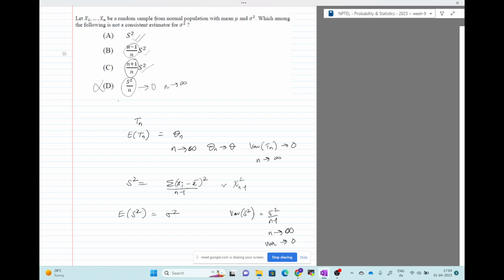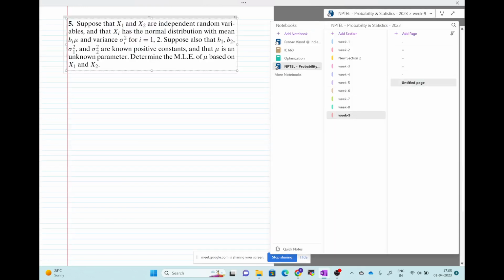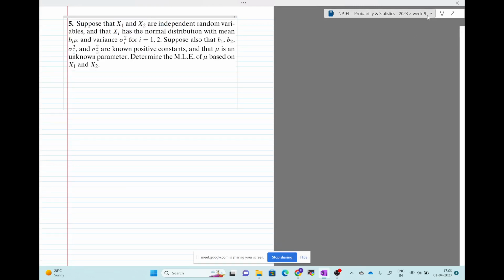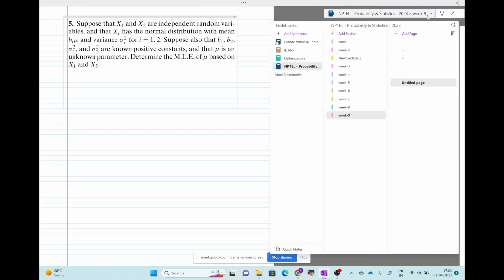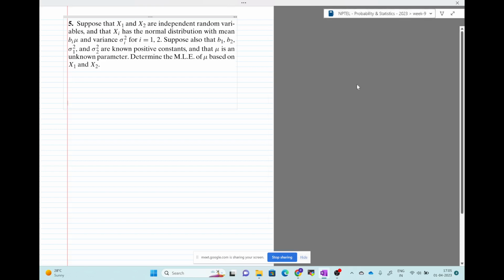Is it clear? Okay. Sir, there is a theorem stating that if expectation of Tn equals theta n, which tends to theta, and variance of Tn equals sigma n square tends to 0, then Tn is a consistent estimator of theta.